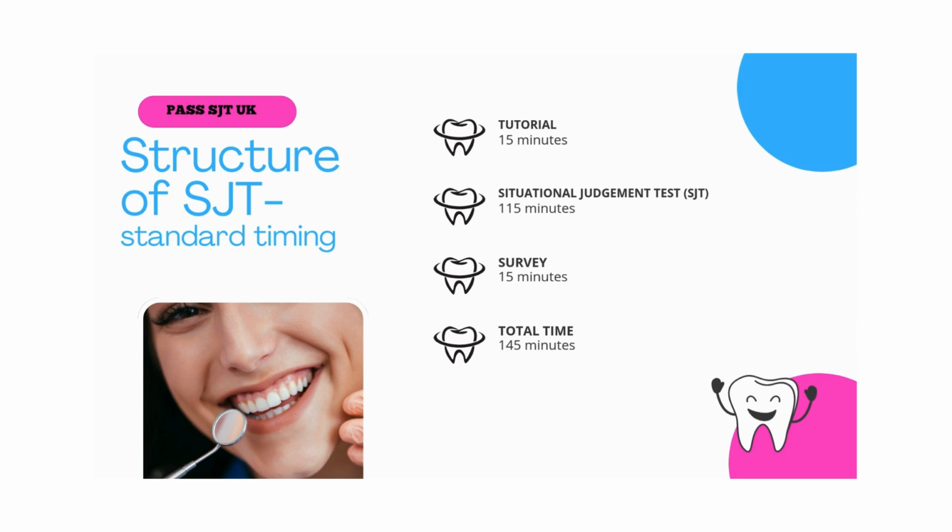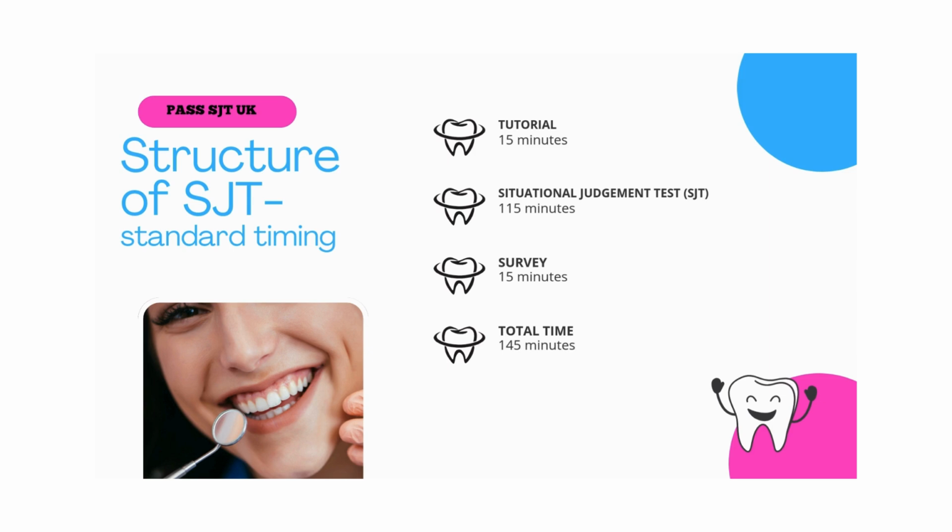So when you go to the Pearson VUE center, the total time taken is 145 minutes. Okay, you will be given your computer and you will be given a tutorial just to familiarize yourself with the keyboard and your position, to make you comfortable in that examination condition, and to be aware of how to navigate through this computer based test.